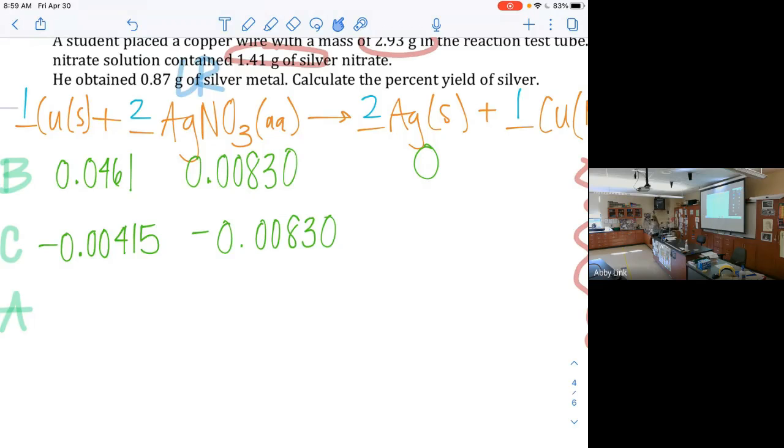Now, I'm going to teach you a little bit of a trick. Do you see how the coefficient in front of silver, the product, is the same as the coefficient in front of the silver nitrate? They're both 2's. Does anybody know what that means in terms of the amount for silver? Anybody? It's the same.